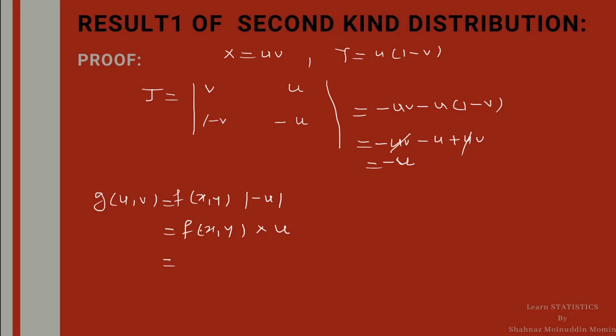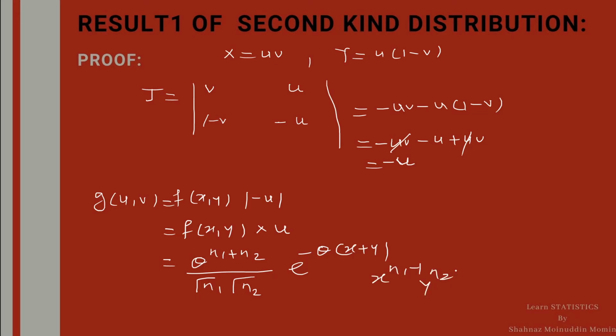We have already obtained the joint PDF of x and y, and that is theta raised to n1 plus n2 upon gamma n1 gamma n2, e raised to minus theta (x plus y), x raised to n1 minus 1, y raised to n2 minus 1, into u.